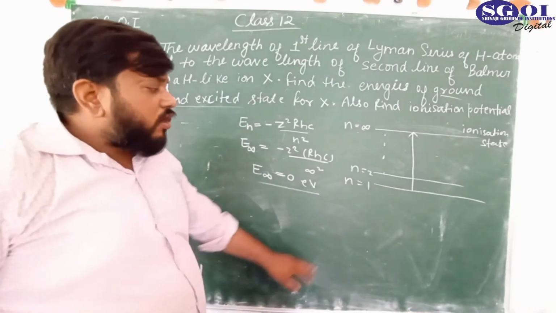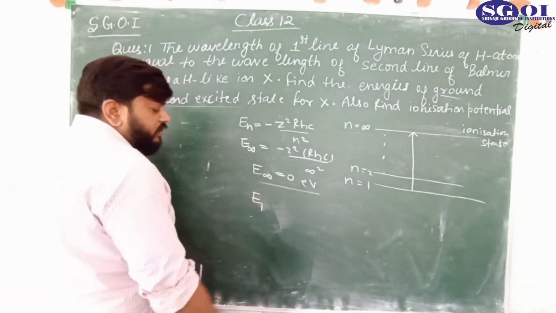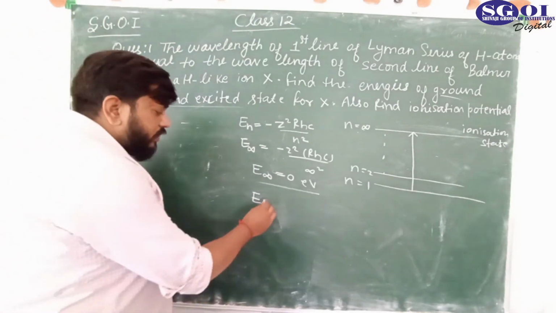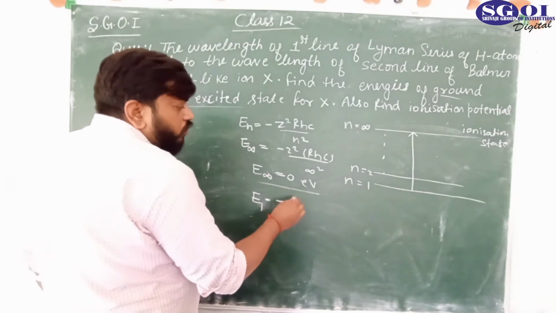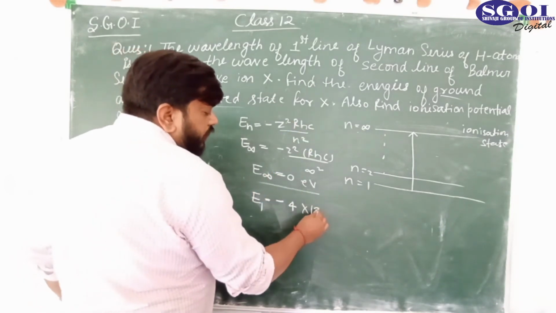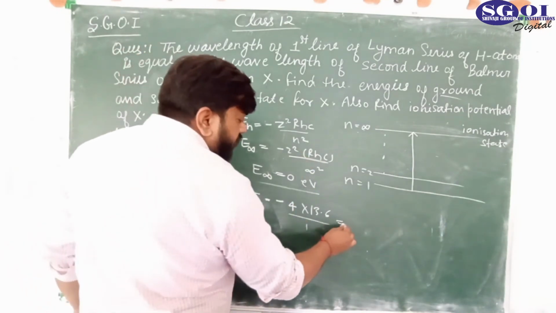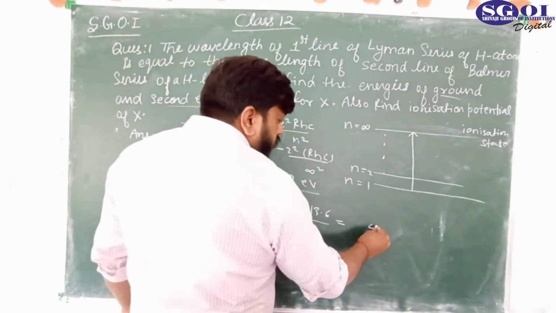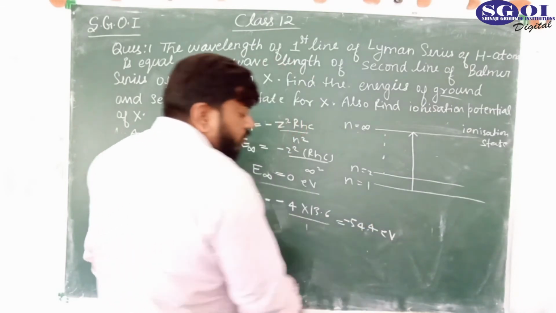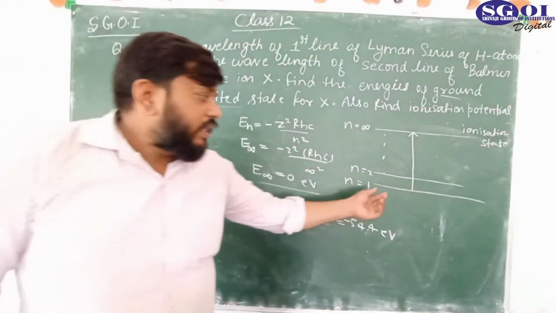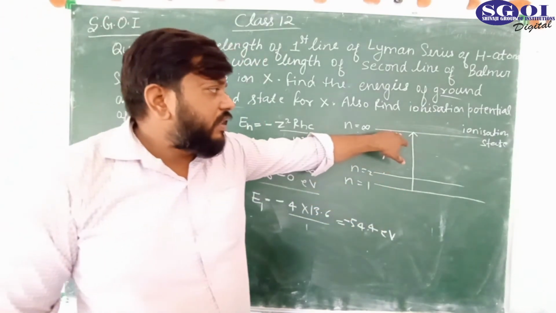Now what about E1? We have already found E1. E1 is equal to minus Z square, which is 2 square, 4, into 13.6 upon 1. So it was minus 54.4 electron volt. This is E1.